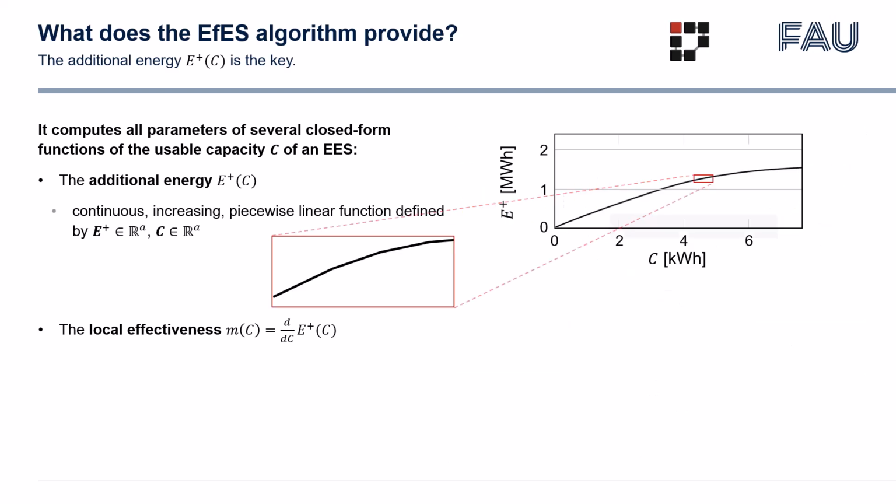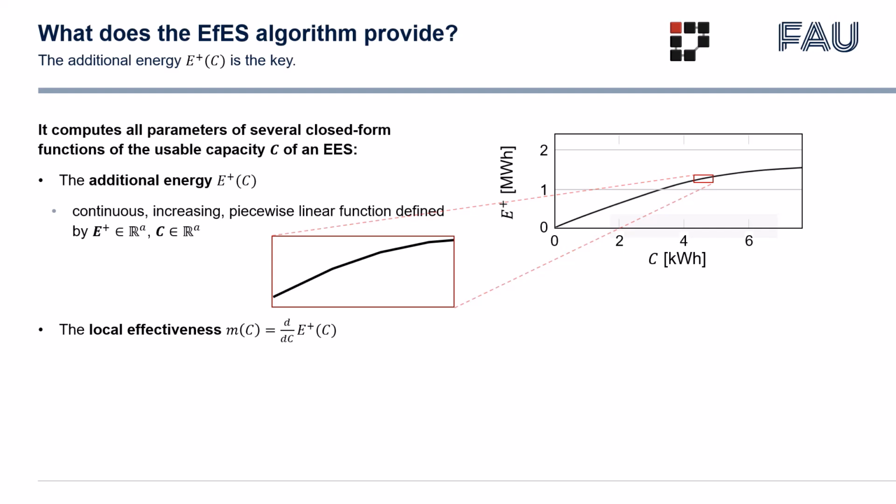The additional energy curve, so E plus of C, is continuous, it's increasing, and it's piecewise linear. So it's defined by two different arrays, here E plus and C in bolder font, and you can see here on the right side that's the result for our single family house.